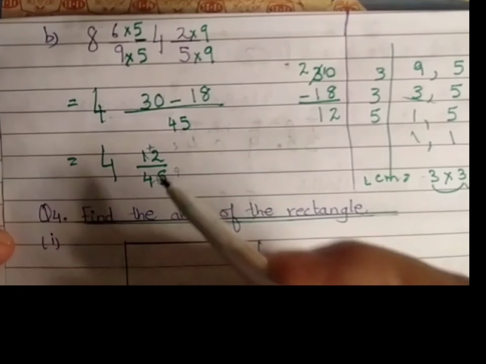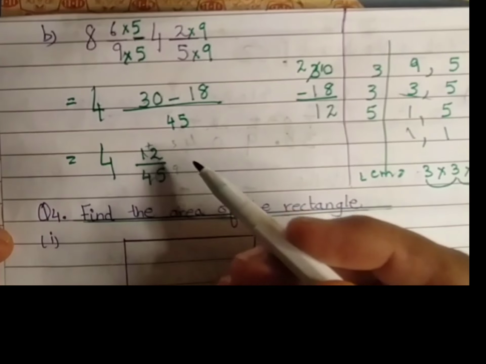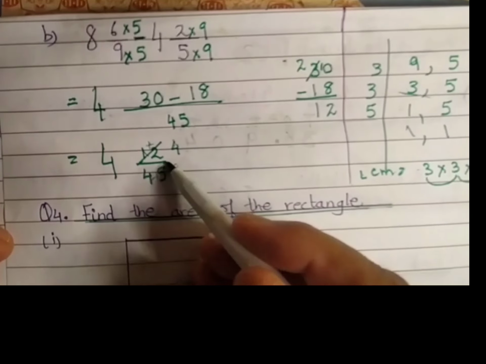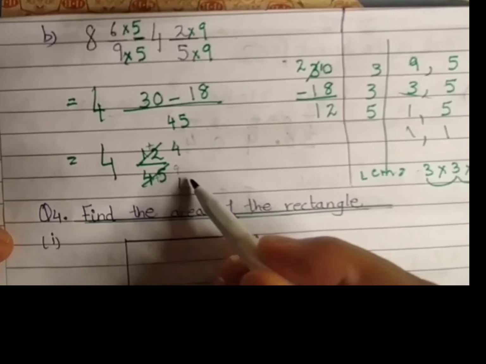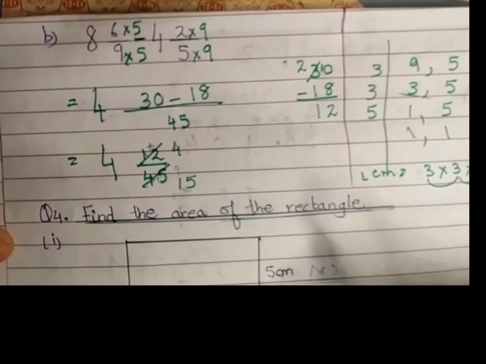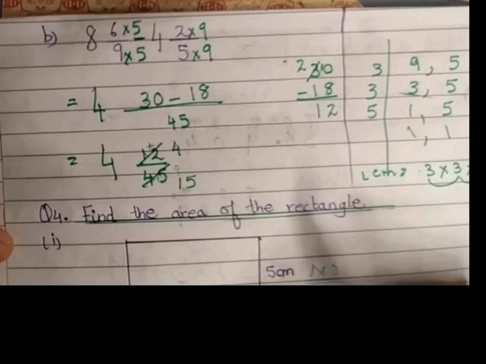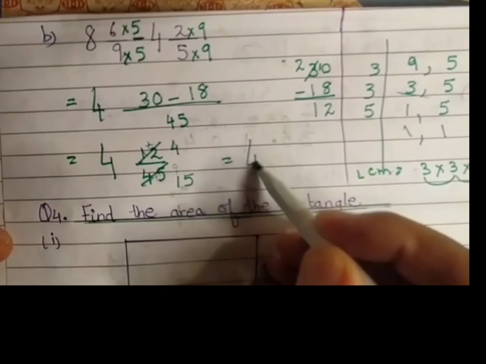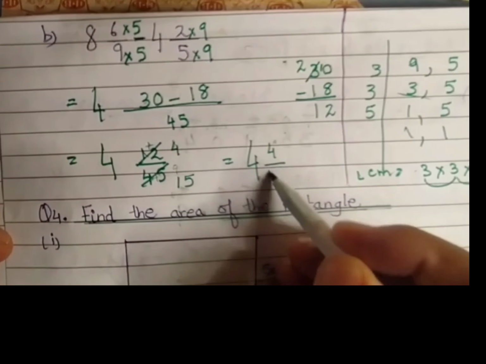It means both these numbers are there in 3 times table. 3 times 4 is 12. 3 ones are 3 and 3 5s are 15. 3 15s are 45. So your answer will be 4 whole 4 upon 15.